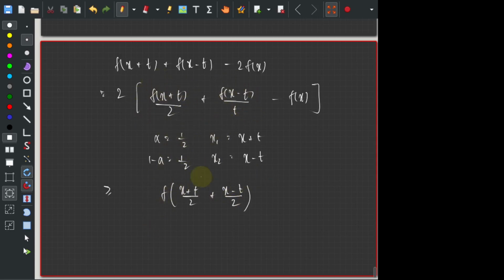So this quantity is greater than or equal to this particular quantity.